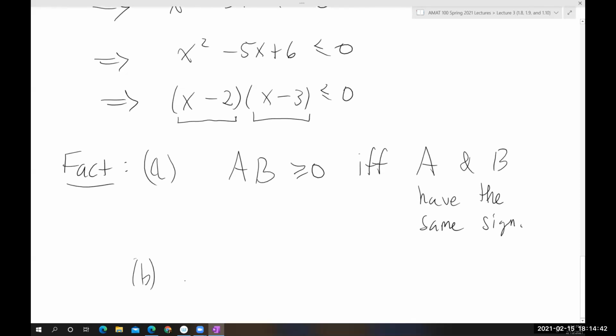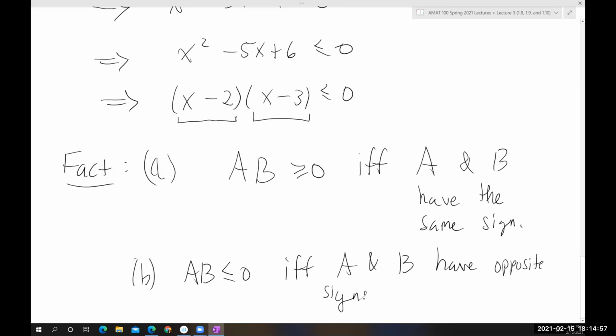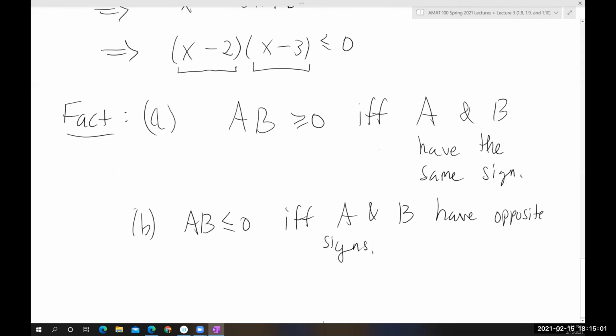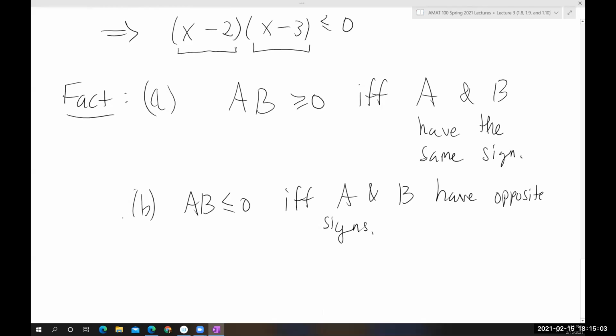And the next fact is that a product of two numbers A and B is less than or equal to 0 if and only if A and B have opposite signs. So one is positive and the other is negative, and that will ensure that the product is overall negative.